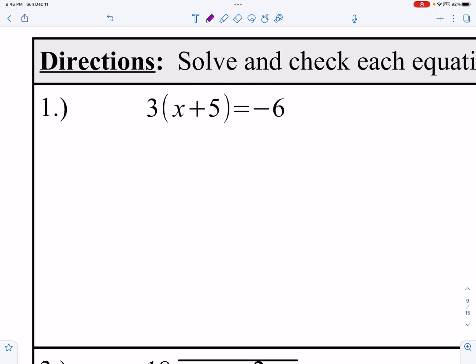So I would recommend number 1, if you see this distributive type of problem, go ahead and distribute. And then at the same time, number 2, I would probably combine some like terms and then do reverse order of operations to solve for x. Okay, so that's what we're going to do here real quick.